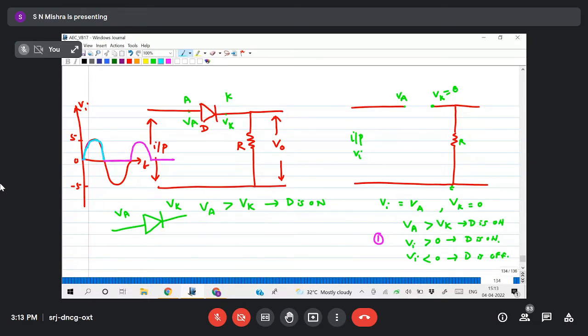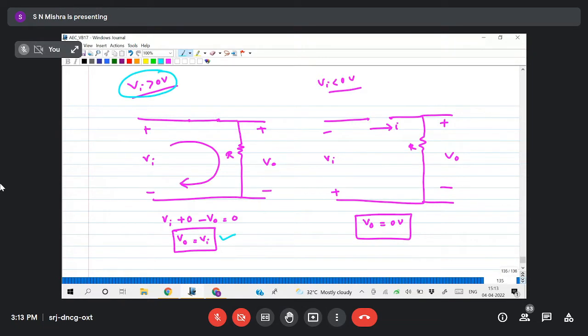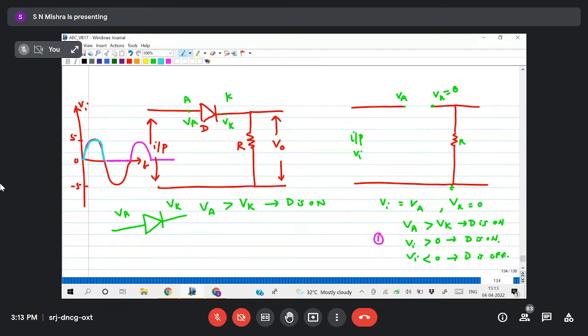As it goes below 0, in the condition Vi less than 0, what is my output voltage? 0. So as the input voltage goes down, the output voltage will remain 0. Again when it is more than 0, it changes as the input voltage. Again 0, again more than 0 as the input voltage. Like that it will continue.